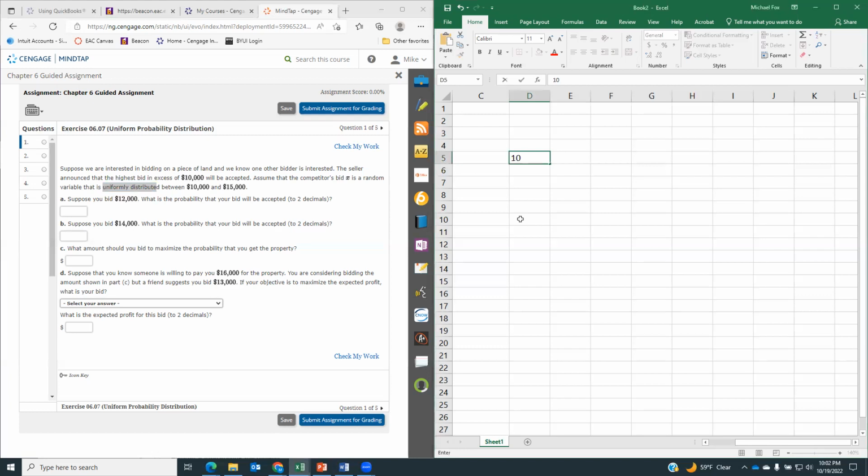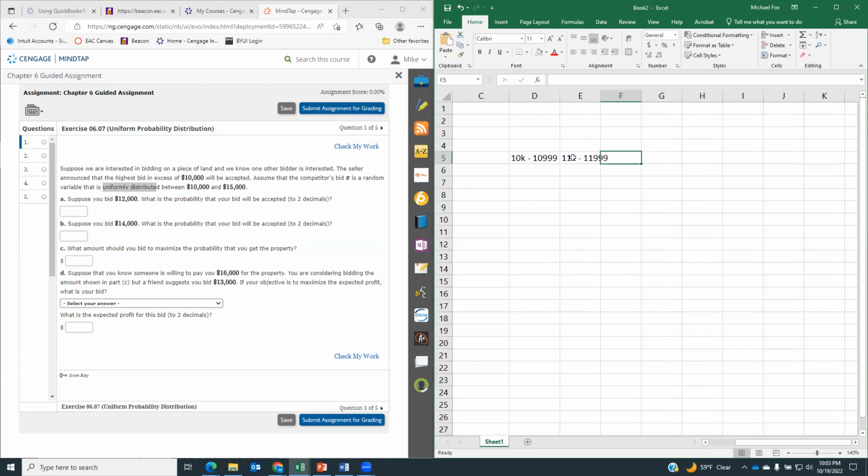So we could have a bid of somewhere between 10,000 and 10,999, or between 11,000 and 11,999, or 12,000 to 12,999, or 13,000 to 13,999, or 14,000 to 15,000.